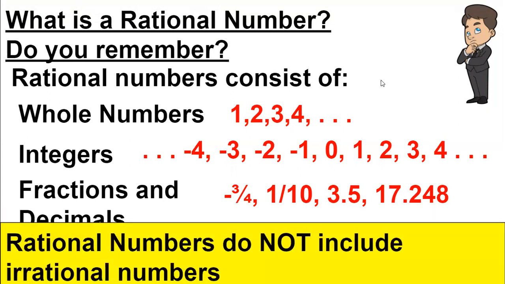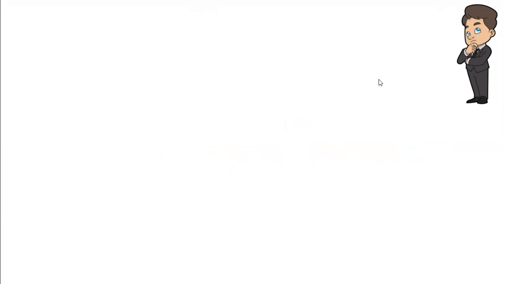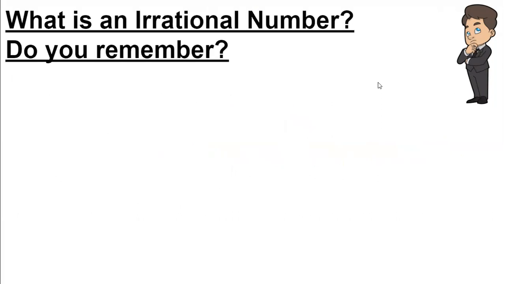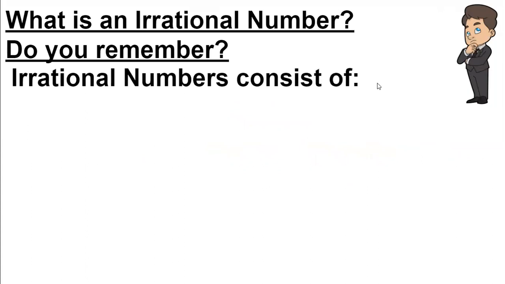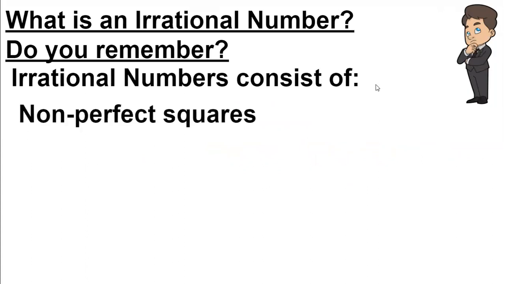So rational numbers do not include irrational numbers. What about irrational numbers? What do they consist of? Irrational numbers consist of non-perfect squares, such as the one we just did, the square root of 8.